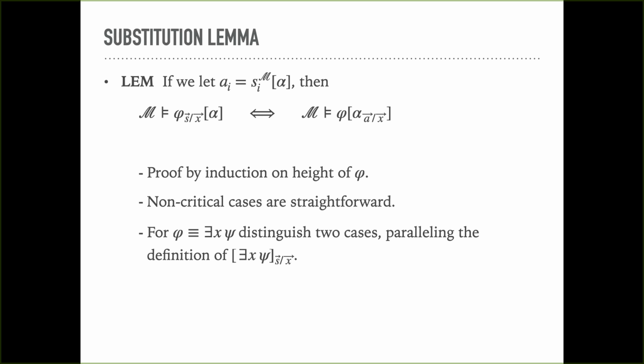The proof, as you may guess, works by induction on the height of phi. The non-critical cases are really straightforward because the definition of substitution in these cases is so simple. And for the critical case of existential quantification, you distinguish the two cases paralleling the definition, right? Because you ask whether or not the variable over which you quantify occurs in one of the terms that you substitute.